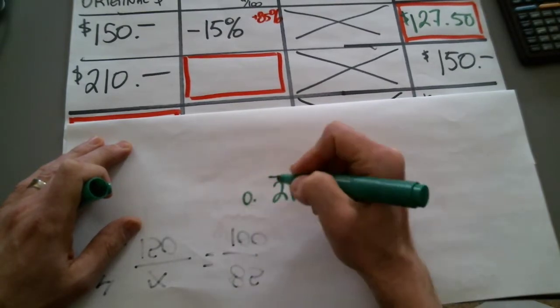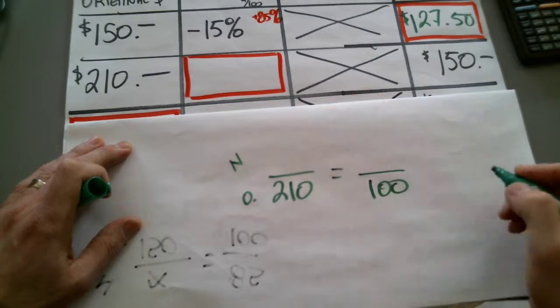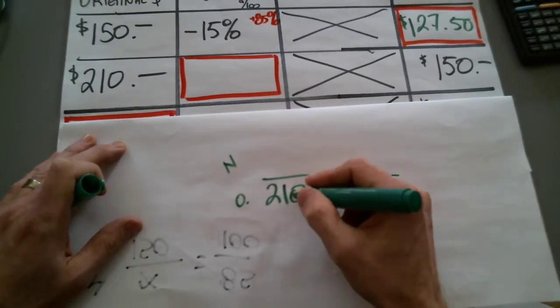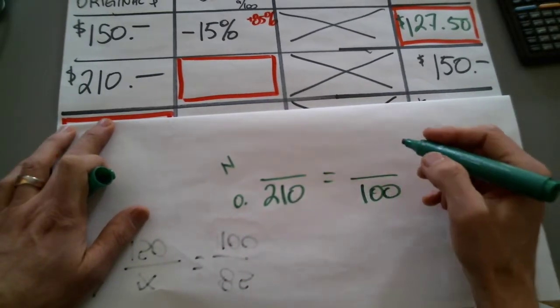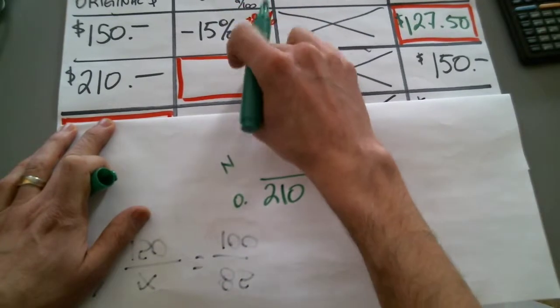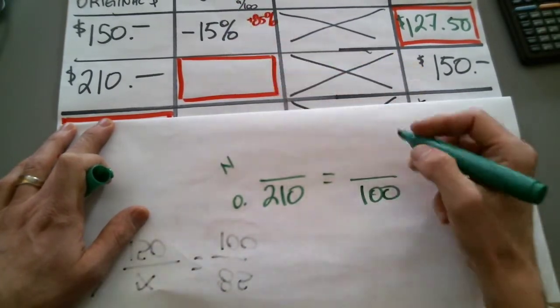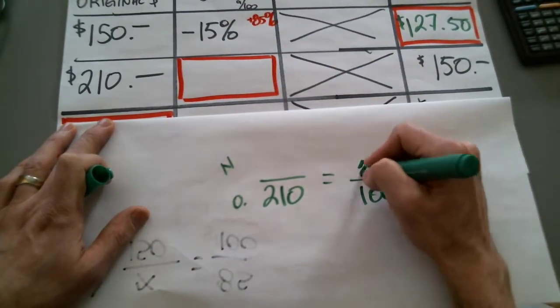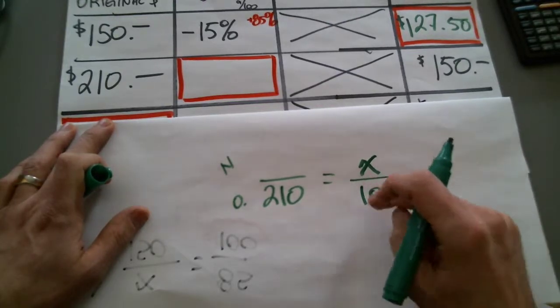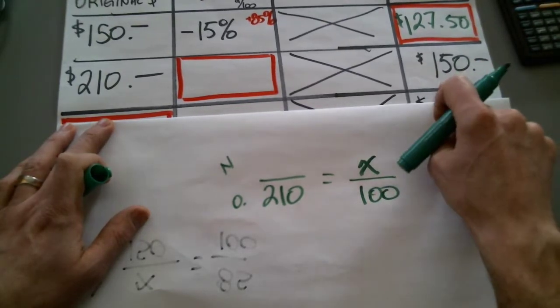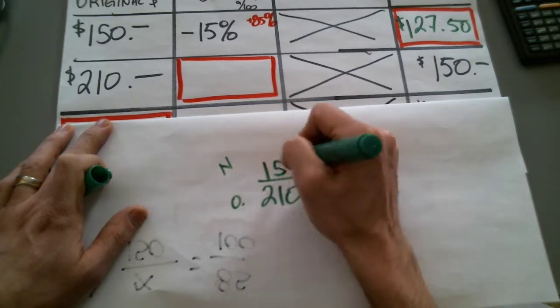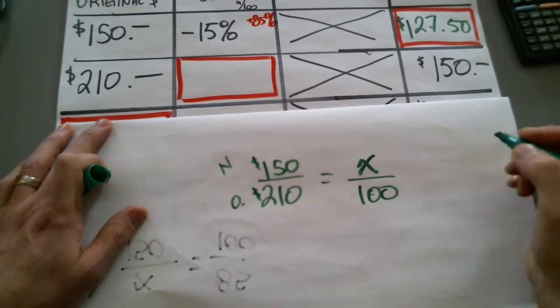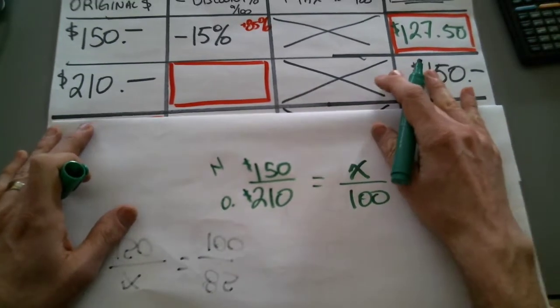My original is on the bottom, my new is going to be on top. So 210 is my original. I do not know what that discount is. So I'm going to put a big X there. That's the percentage out of 100. I know my final price is 150. That's $150. So I'm looking for the discount.